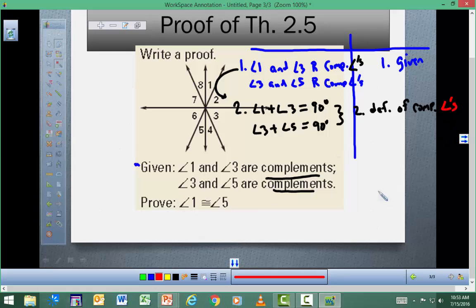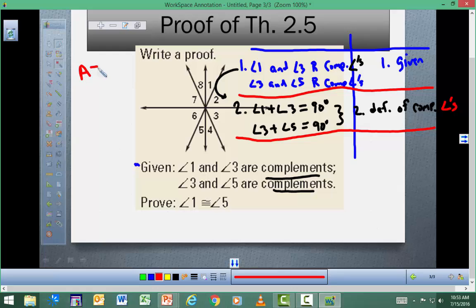So there's line 2. And hopefully you recognize the setup again. It looks like, if A is equal to B and B is equal to C, then what can we say? We could say A is equal to C. So let's see if we recognize what part is what.